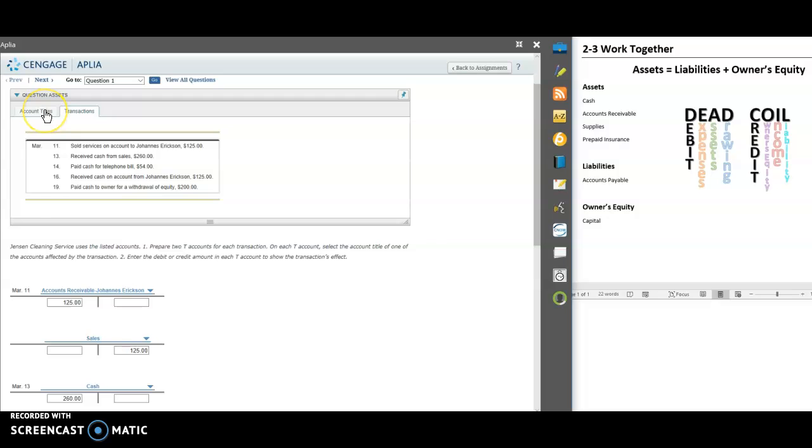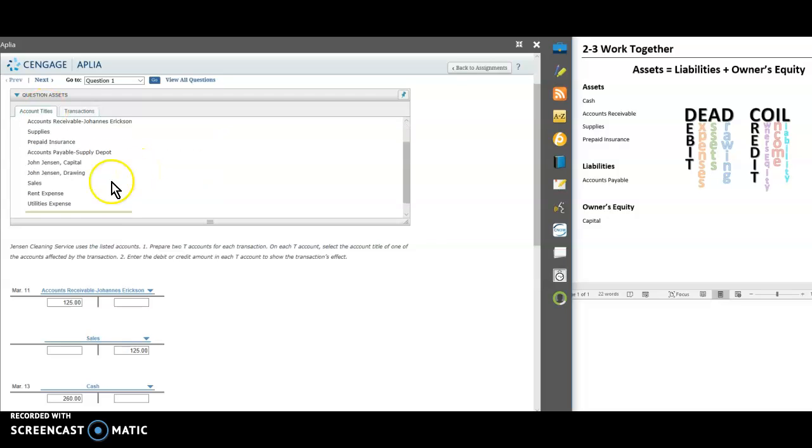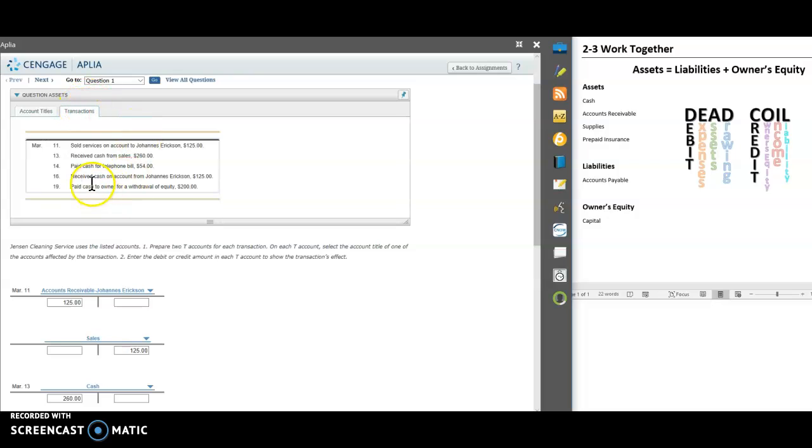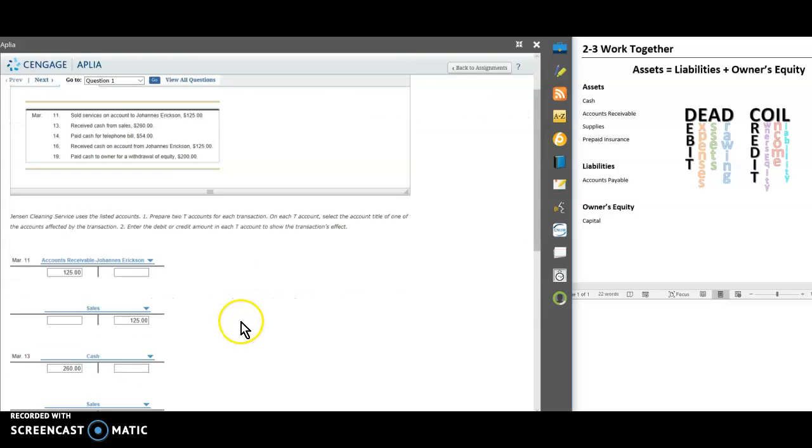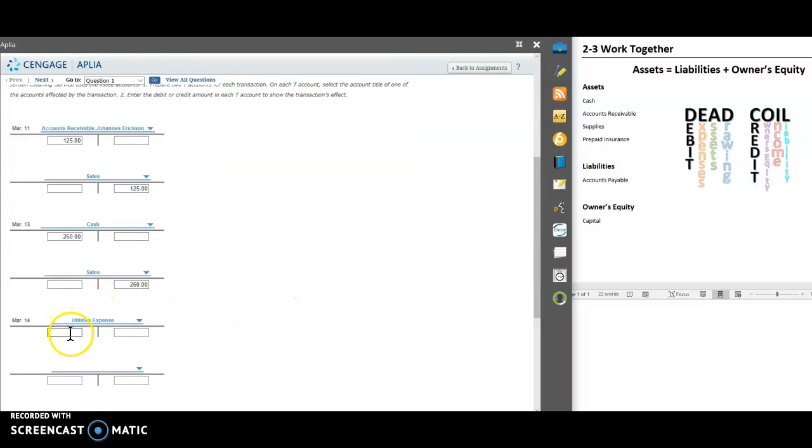Now, go look at your account titles and look at your expenses, and you have rent expense or utilities expense. A telephone bill is going to be utilities expense. Okay, so paid cash for telephone bill, our debit is going to be utilities expense for $54, and our credit is going to be cash for $54.